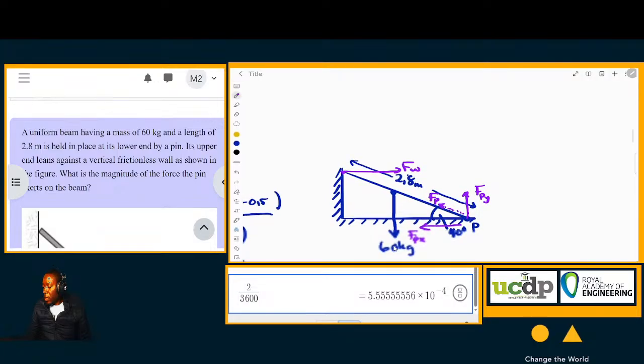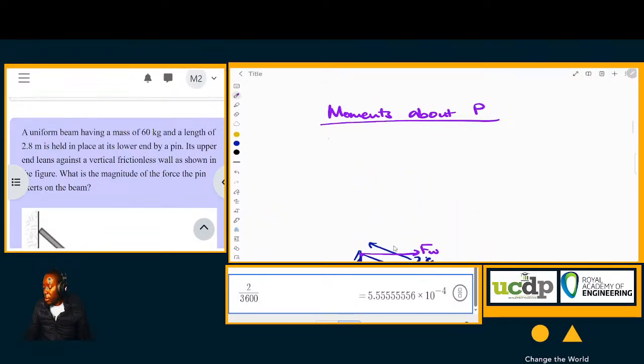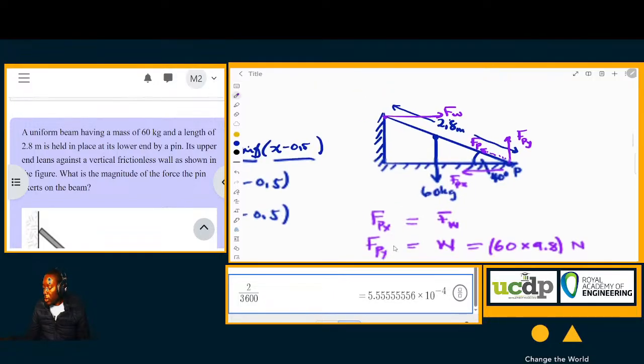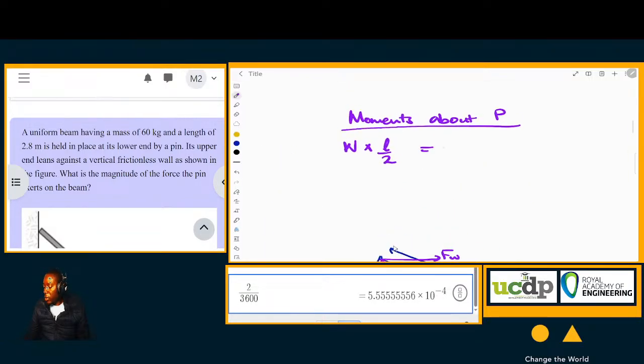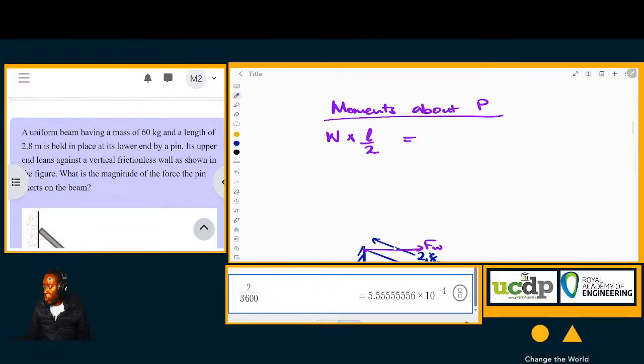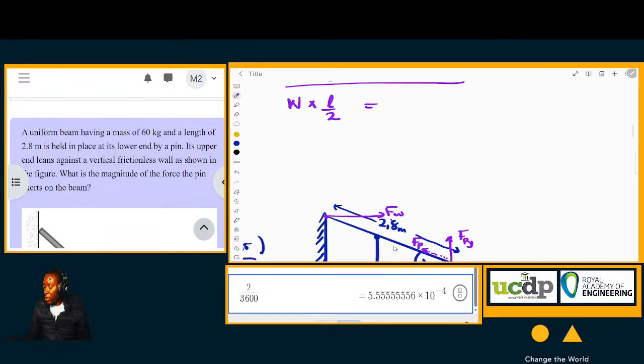So we've got 60 times 9.8, the weight, multiplied by L over 2, which is the counterclockwise moment. It should be equal to the clockwise moment, which is Fw.